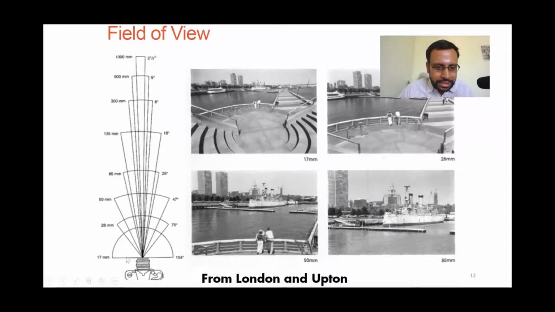Say, for example, here this field of view is almost 180 degrees. There is another lens for which this keeps on reducing here. And what is its relation with respect to the focal length of your lens is what we are going to take a look at here.